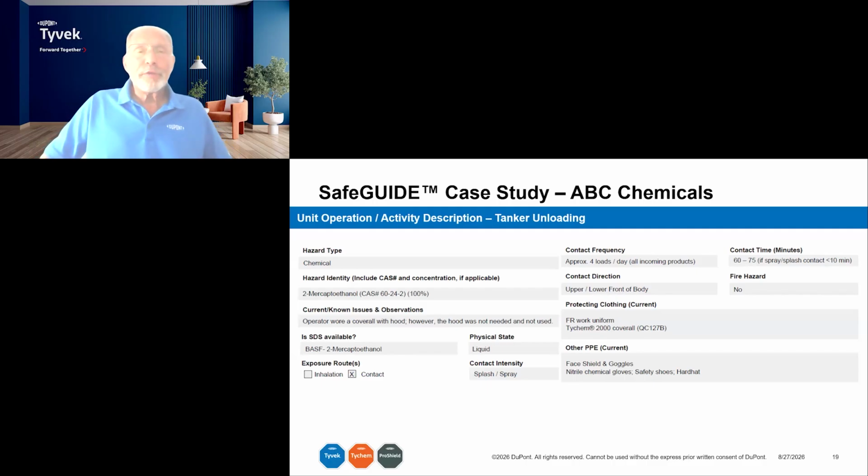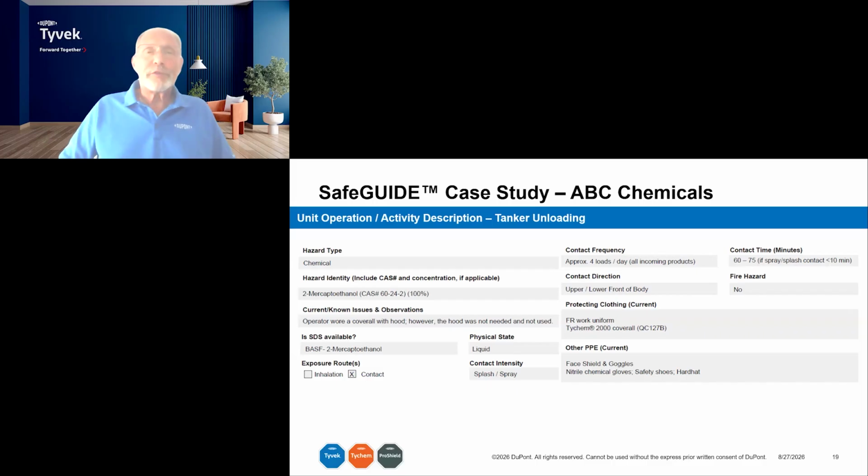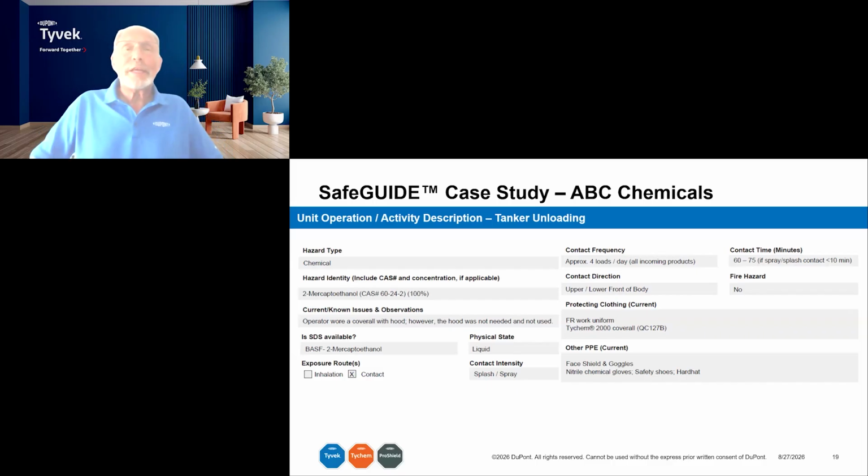There's concern for a spray or splash during the course of a tanker transfer. They offload about 4 tankers a day. Not all of them are necessarily mercaptoethanol. Again, this was the specific offload that we evaluated.